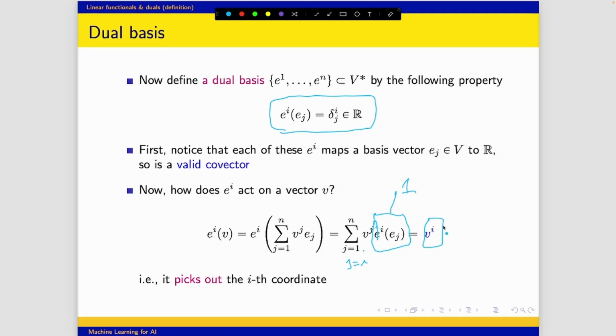Well, it makes sense because what is the ith coordinate? It's a number. So EI acting on a vector V gives us the ith coordinate of V, which is VI, which is a number, and therefore this is indeed a covector, right? Now, is it linear? Yes. EI acting on V plus U. What would that be? Well, what's V plus U according to our definition of vector addition?